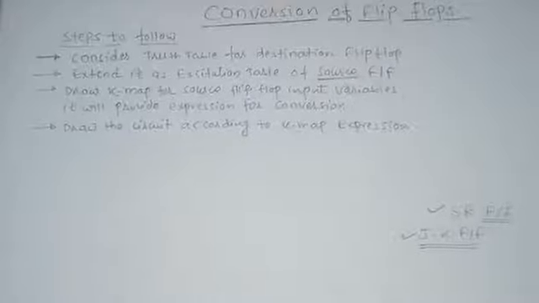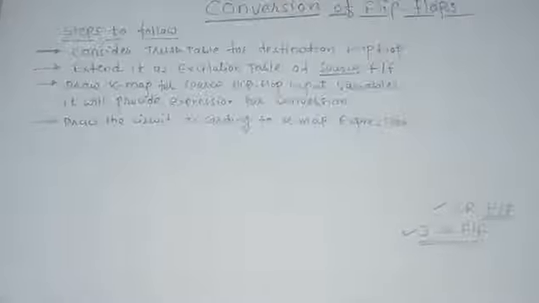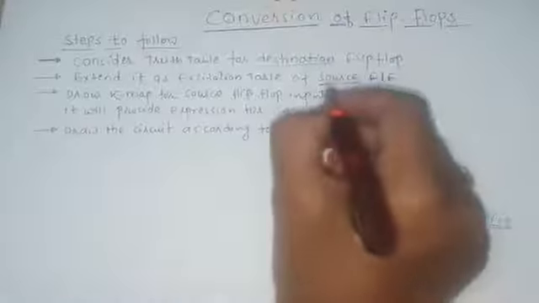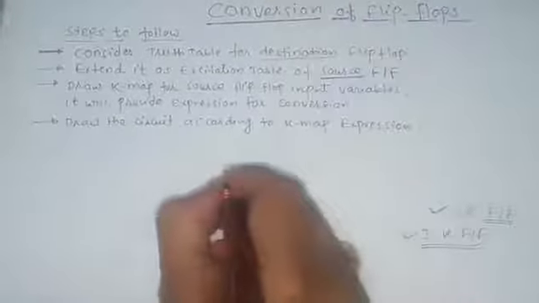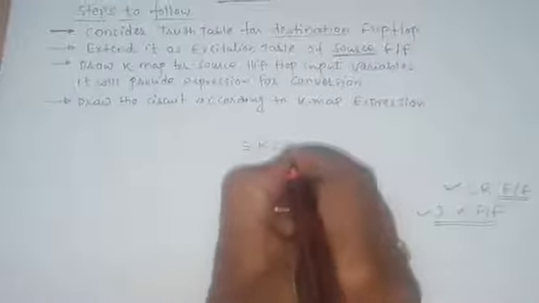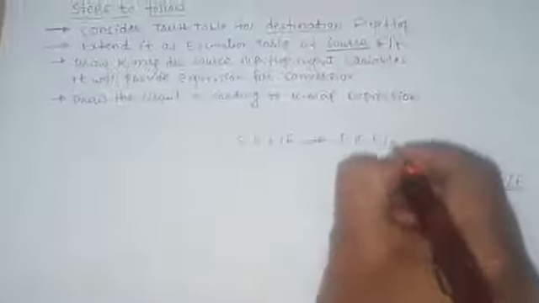Now here again a question may arise: what is meant by destination flip-flop and what is meant by source flip-flop? If I consider a simple example, suppose I want to convert an SR flip-flop into a corresponding JK flip-flop.